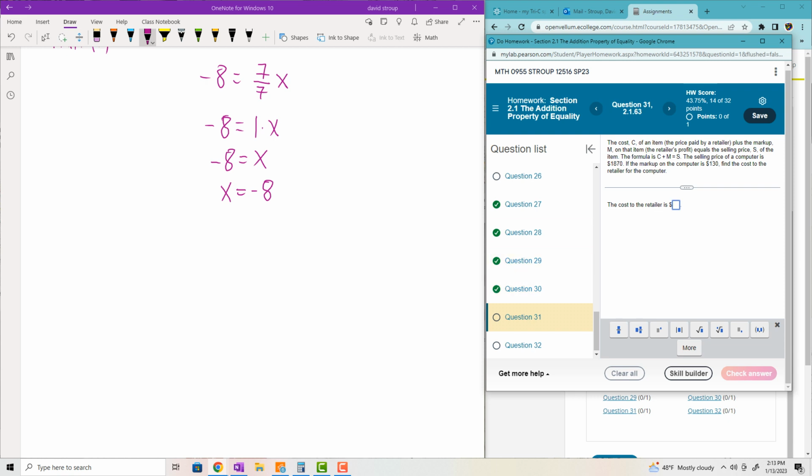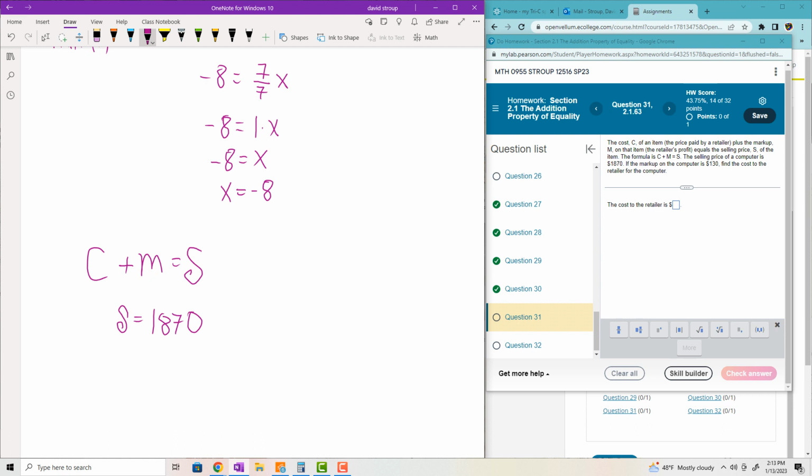Anyways, this problem says the cost C of an item plus the markup M on the item equals the selling price S. So they give you this equation, C plus M equals S. They tell you the selling price is 1,870. So S is 1,870.